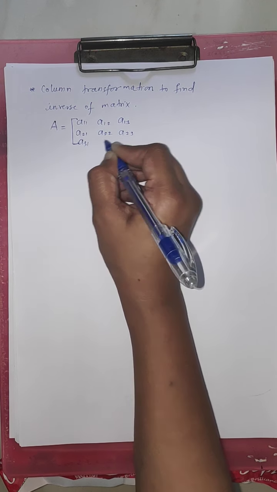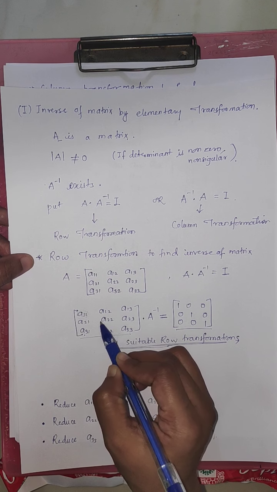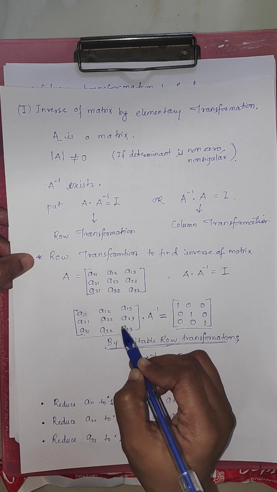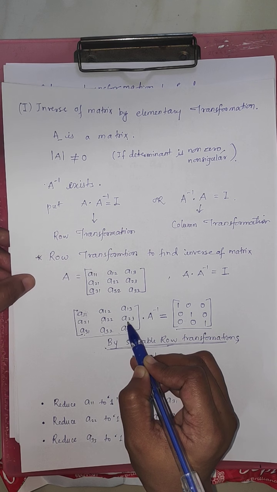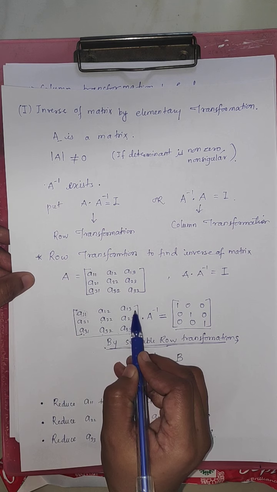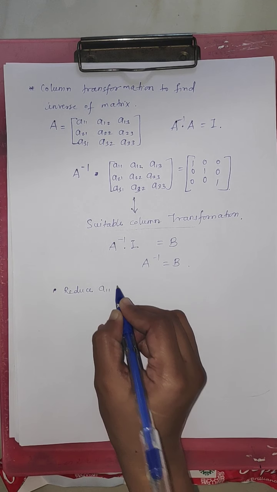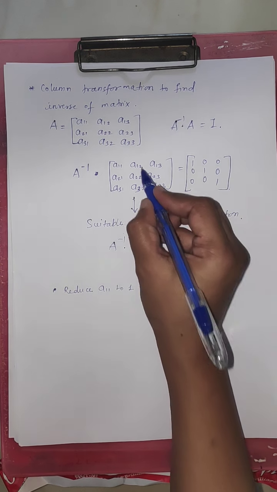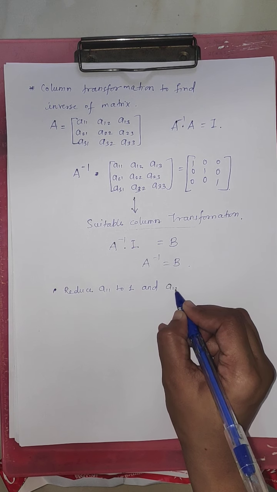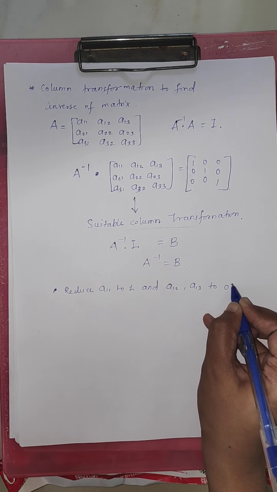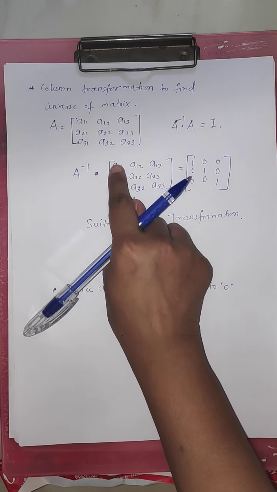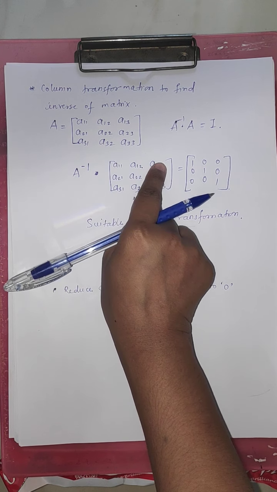Now we will see what are those suitable column transformation steps. So first step, see in row transformation what we had followed: make this 1 and these two 0. In column transformation we will go horizontally. Reduce A11 to 1 and A12 and A13 to 0.